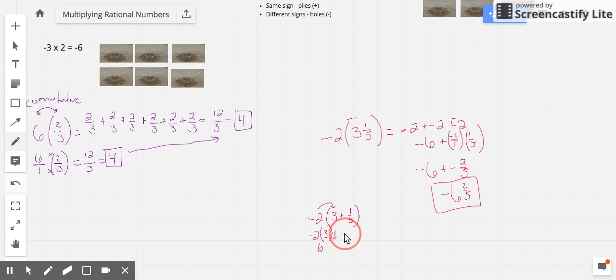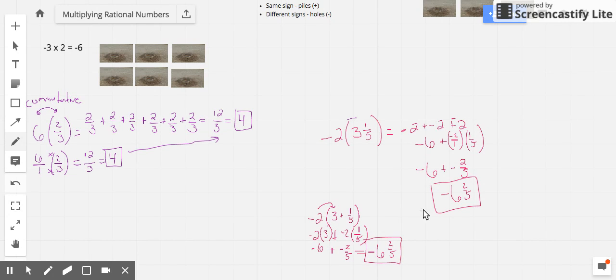Plus the opposite of 2 times 1/5, which is the opposite of 2/5. Ooh, look at me for getting that little opposite sign there. And again, I get the opposite of 6 and 2/5. It's a lot of holes. I hope I don't step in one, or 2/5 of one.